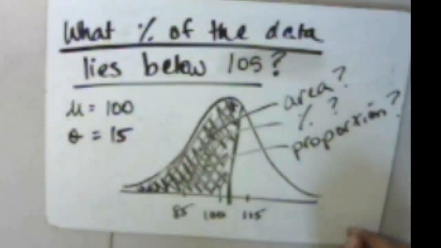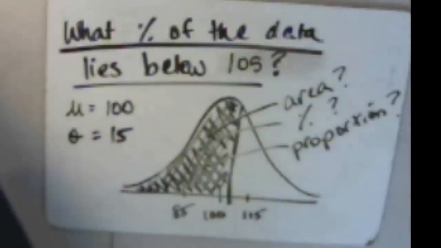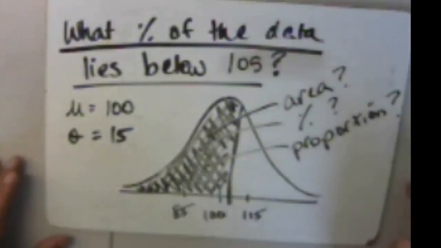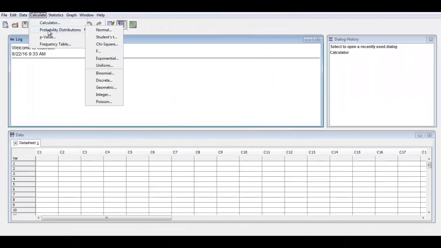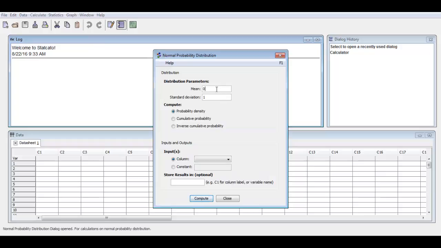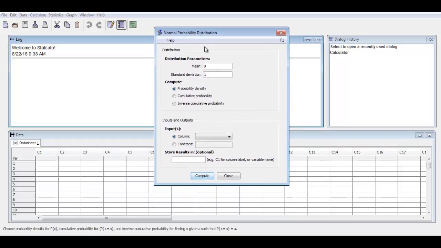But that's not what we wanted to do. We wanted to find the percent of the data that lies below 105. So here's what we're going to do. Again, I'll go to Calculate, Probability Distributions, Normal. I could do this two ways. I could use a z-score, or I could input the mean and standard deviation. So first I'll do it the easiest route, which is input the mean of 100, standard deviation of 15.